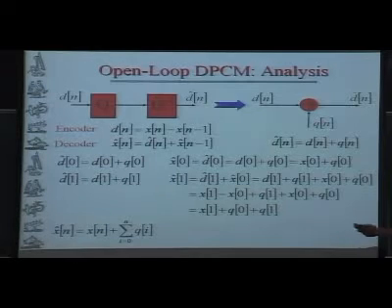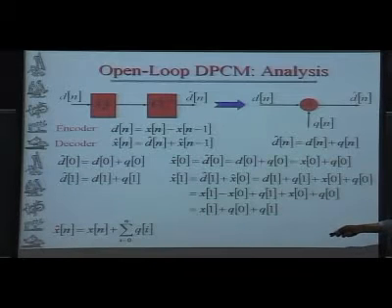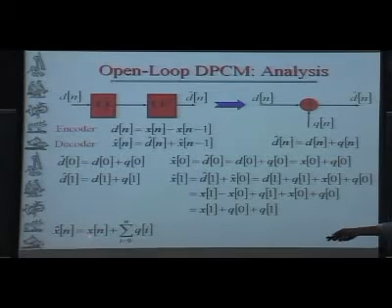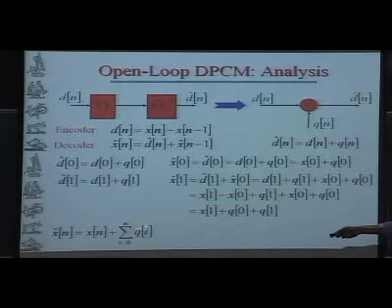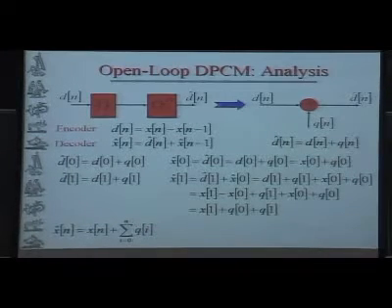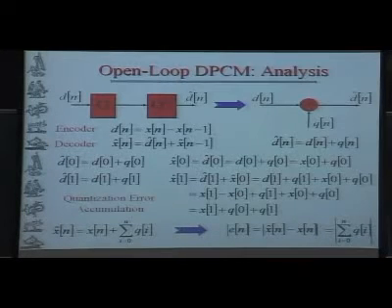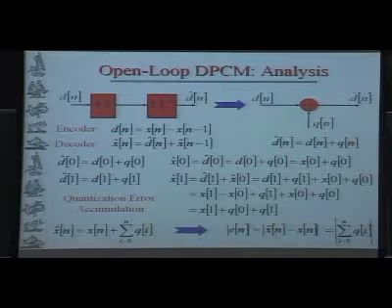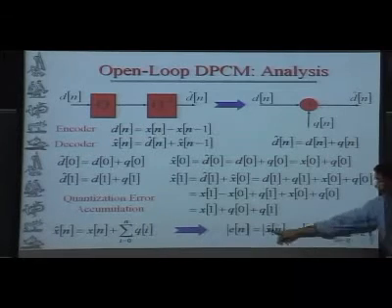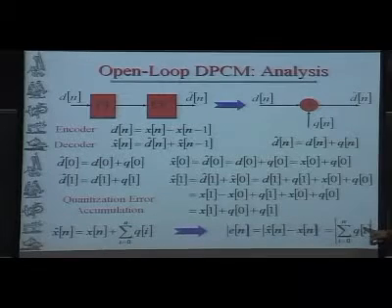If you do this n times, it will be pretty easy to show that x hat n will be equal to xn, which is the original signal, plus a bunch of quantization noise. This is bad, right? This is called quantization error accumulation, because the error between x hat and x turns out to be a summation of those q.